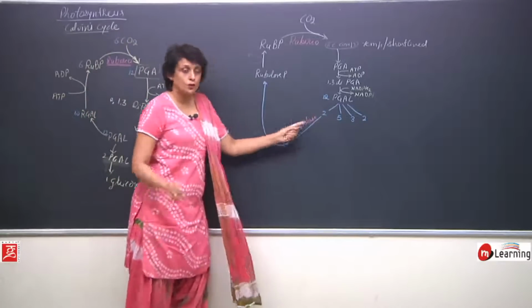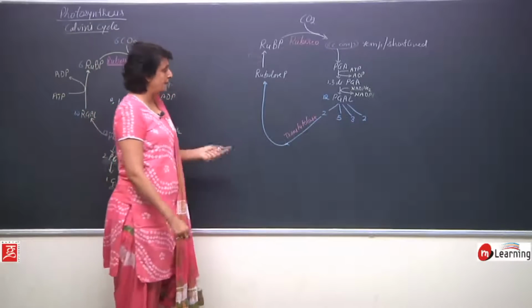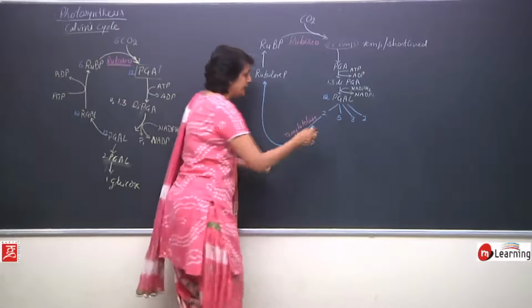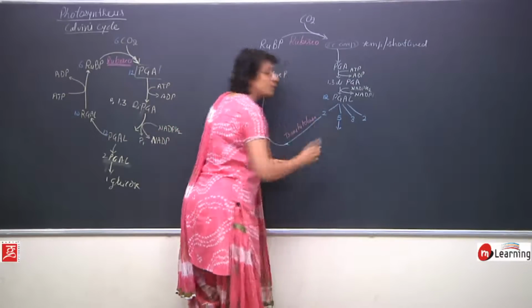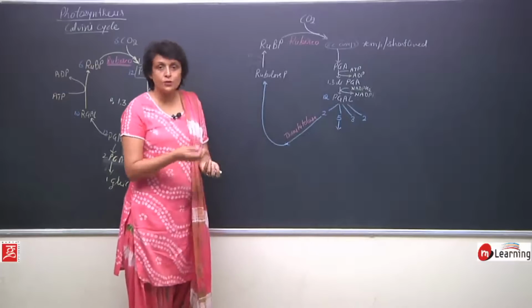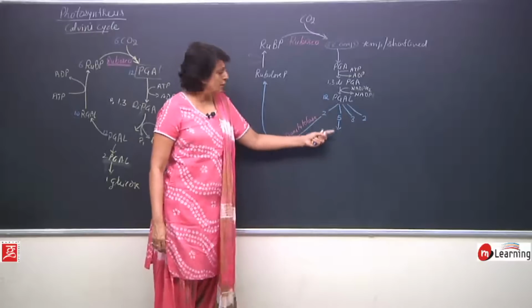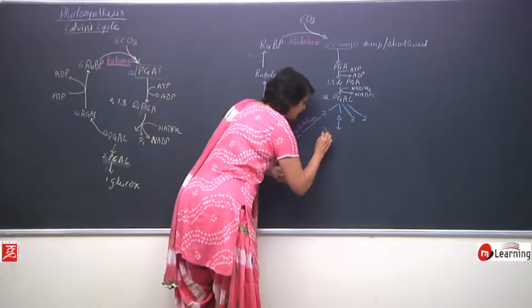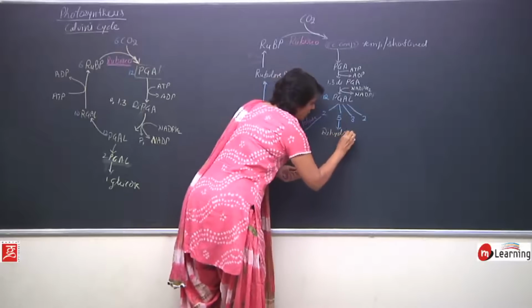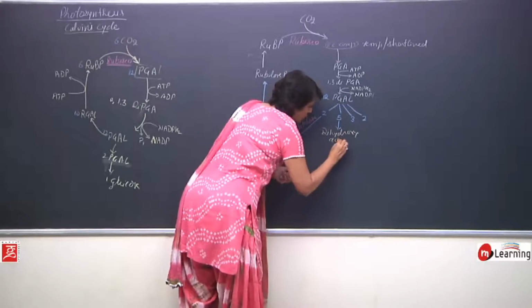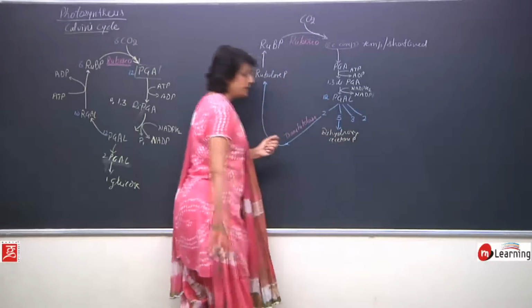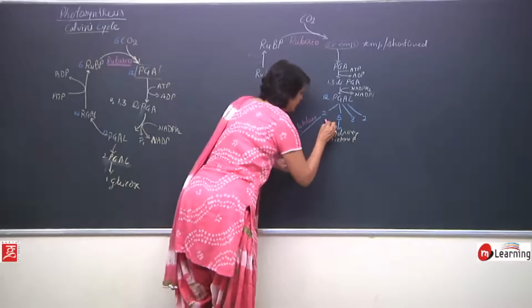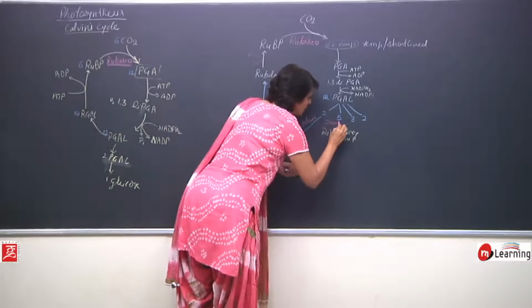So 2 molecules will participate in a different pathway. These other 5 molecules of phosphoglyceraldehyde undergo isomerization, again isomerization means this aldehyde will change into its isomer. So this isomer which is formed is dihydroxyacetone phosphate. These are the isomers. So here enzyme would be isomerase.